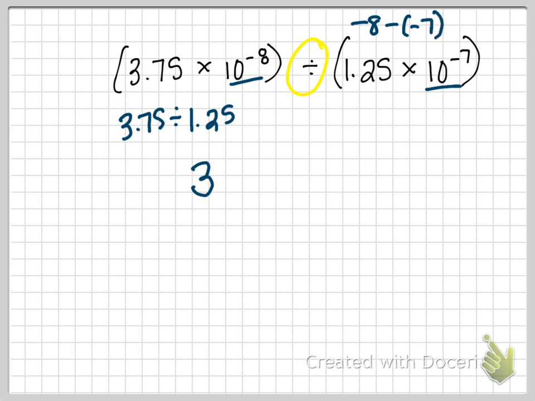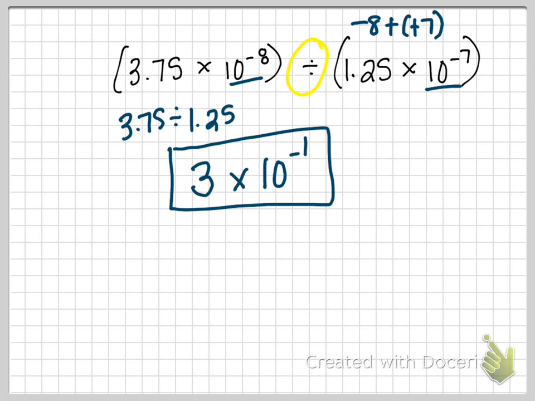Is that positive? So these become positive. -1. Yes, 10 to the -1. And then is this in scientific notation? Yes, so we're done. So be careful with the subtraction. You are always doing the first minus the second. If it's a negative, you're subtracting a negative, which becomes adding.